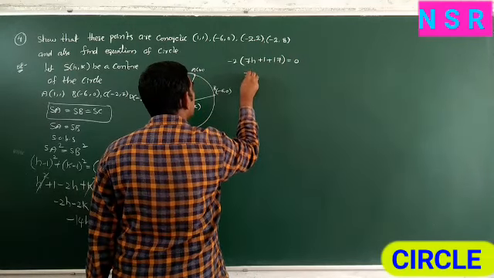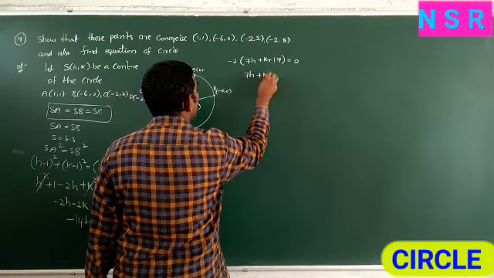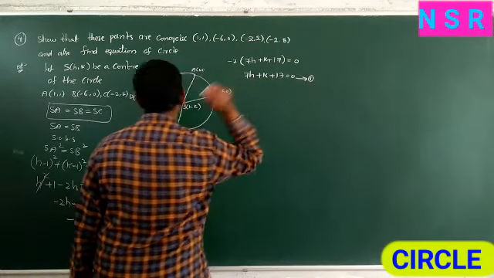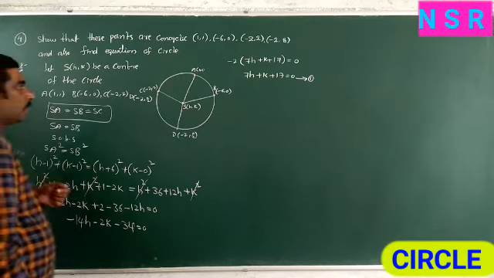So we get 7h plus k plus 17 equal to 0. Take it as equation number 1. So we are taking SA equal to SB, squaring on both sides we get SA square equal to SB square, and simplifying we get one equation in h and k, that is 7h plus k plus 17 equal to 0.